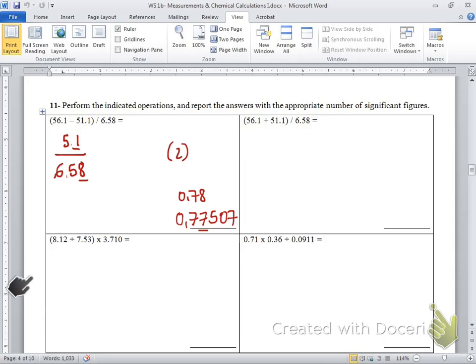All right, let's do the next one. We'll go vertically A, B, like that. So now what I'm going to do is take 8.12 and add 7.53. I'm just going to do this because I'm too lazy to get the calculator out. 15.65.